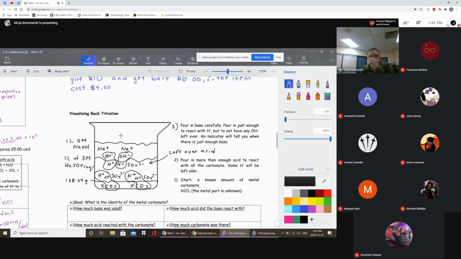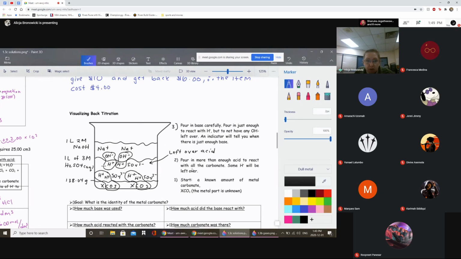Don't forget what you're calculating, right? You're calculating the identity of the metal carbonate. But we're going to work top down. We are going to figure out how many moles of base were used.